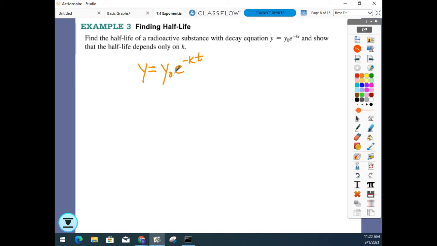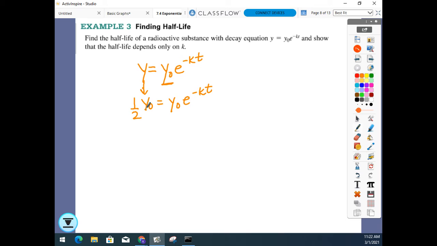Well, if this amount was 50, after its half-life, it would be half of that, right? So what I'm going to do is say in just any general case, y will be half of the original amount. So whatever I started with, the final amount will be half of the original.